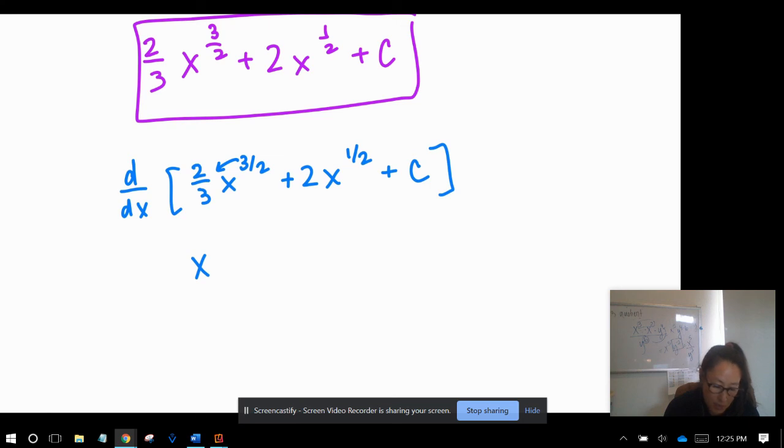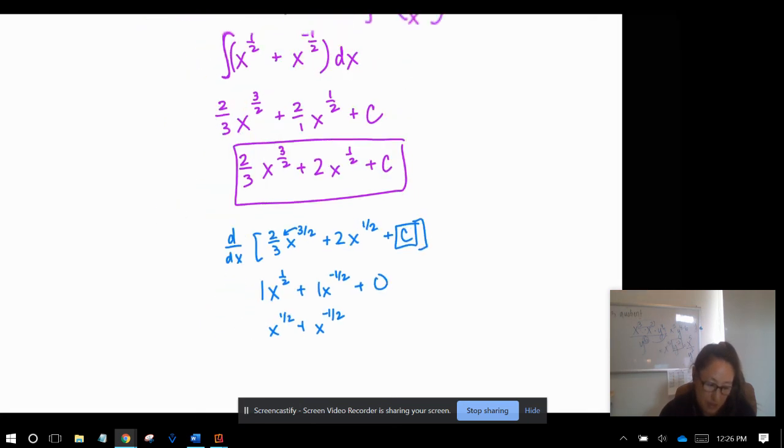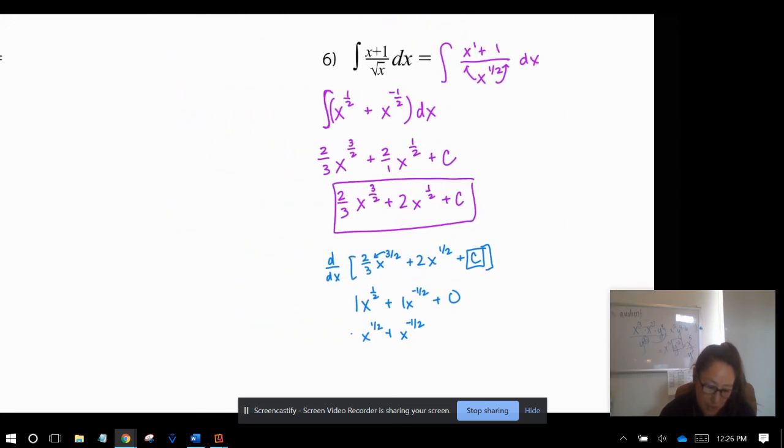And then 1x to the subtract 1 gives me 1/2, plus 2 times 1/2 is 1, so 1x to the negative 1/2, plus the derivative of a constant is 0. So I get x to the 1/2 plus x to the negative 1/2. And so do we match? Look, match. When I use these antiderivative rules, that actually gives me the original function.